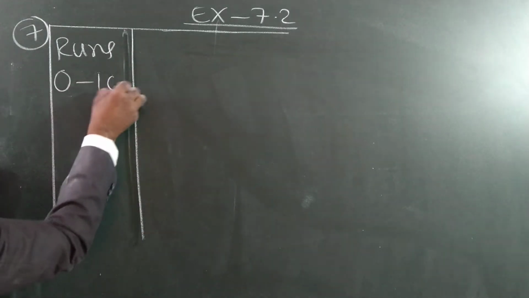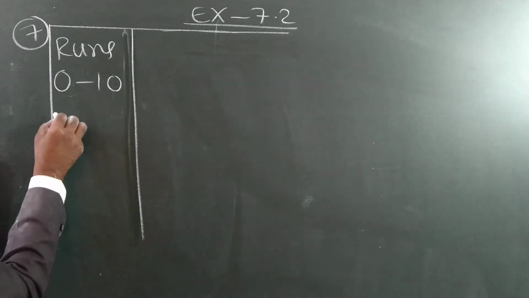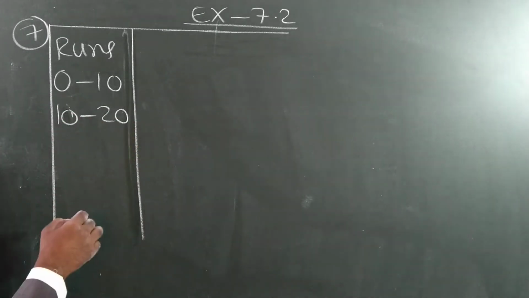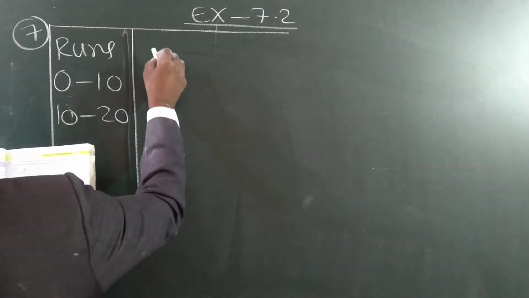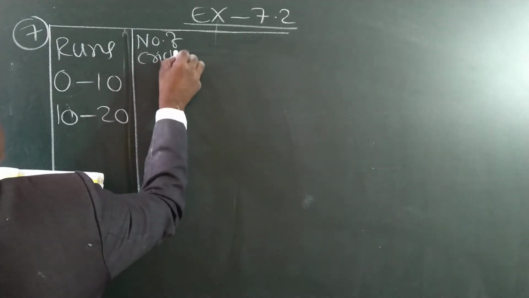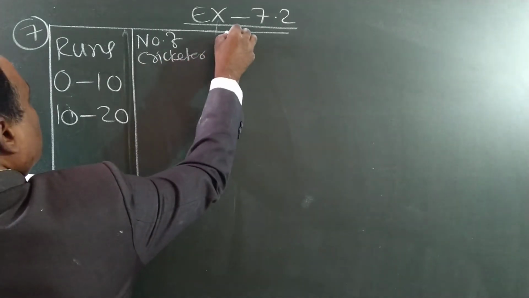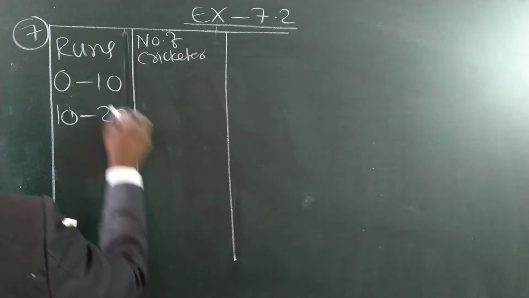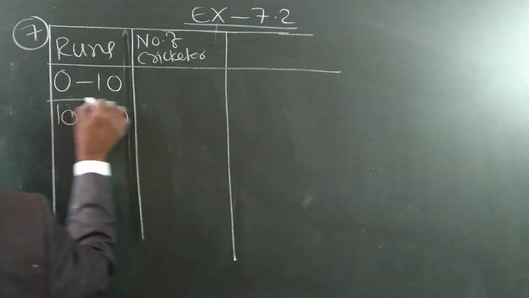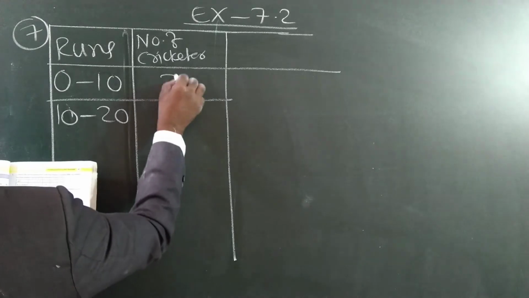Zero to 10, 10 to 20. Number of cricketers. Zero to 10, 3.